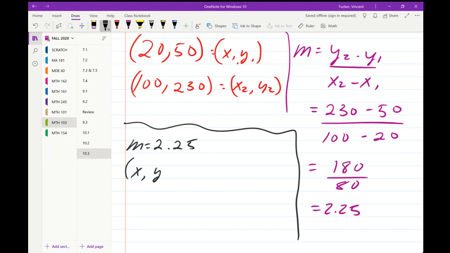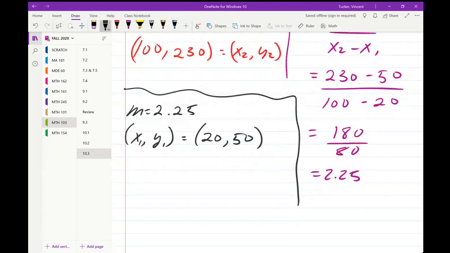And just like before, you can use either point. I'm just going to go ahead and use the one that I've already labeled, x1, y1. Formula, y minus y1 equal to m times x minus x1.